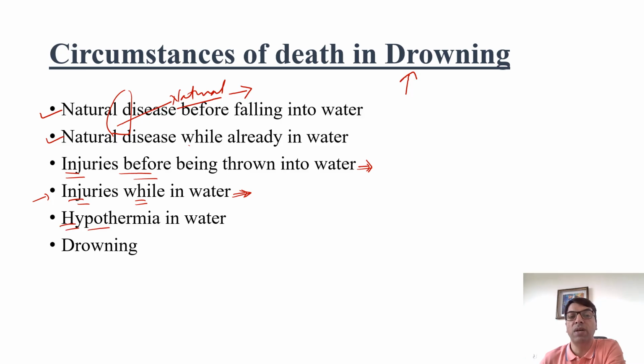The death could have occurred because of hypothermia, but it is said to be because of drowning and the cause by drowning itself. So this was all from my side on the case of drowning.